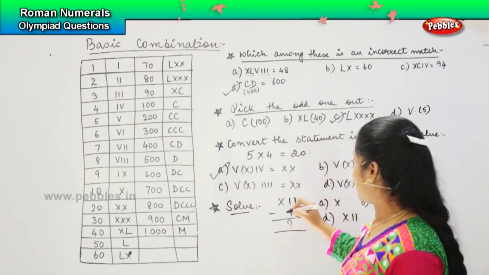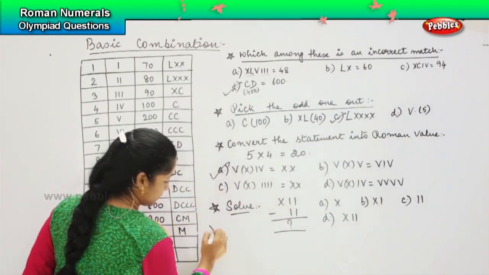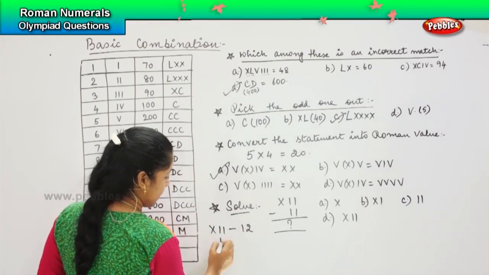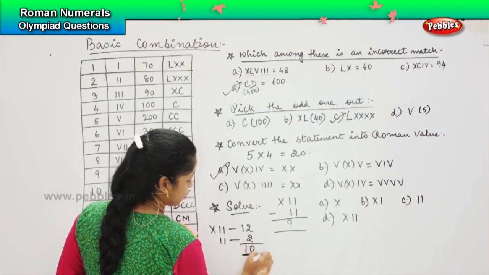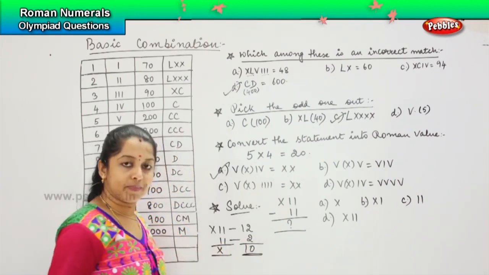So XII, which is nothing but 12, and II is nothing but 2. So 12 minus 2 is how much? 10, right? So which means here it should be X.